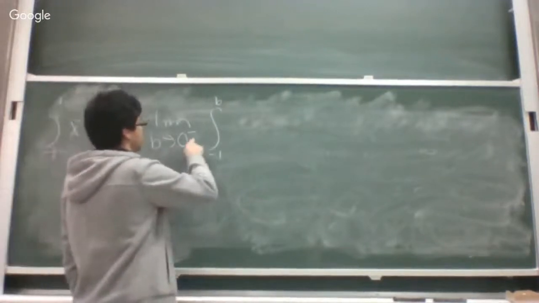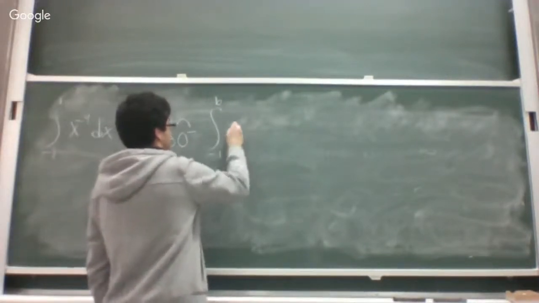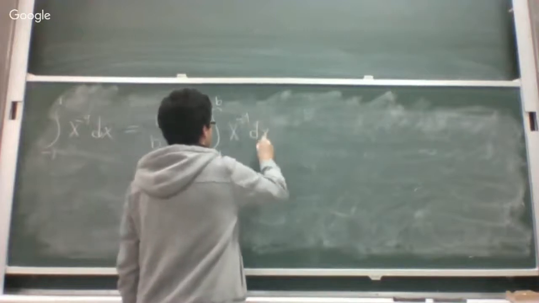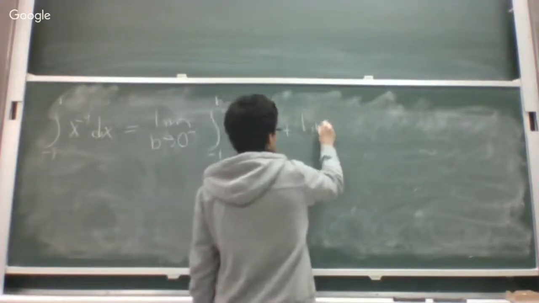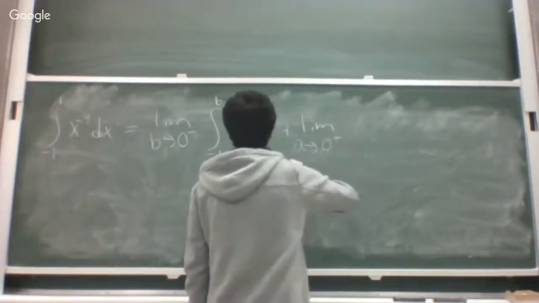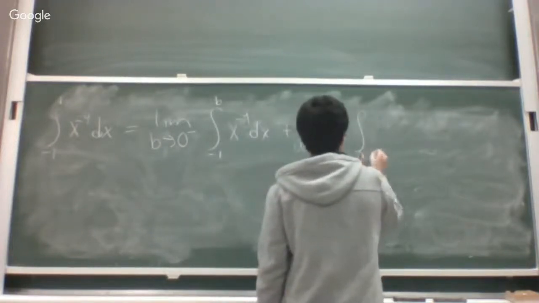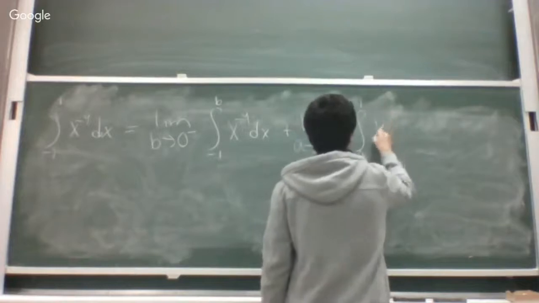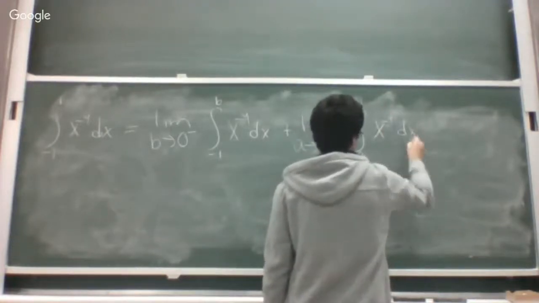So the limit as b approaches 0 from the minus side of the integral of x to the -4 dx, plus the limit as a approaches 0 from the positive side of the integral from a to 1 of x to the -4 dx.